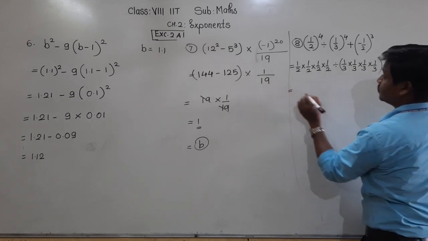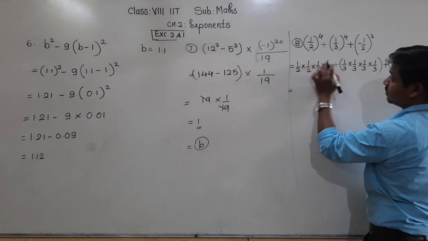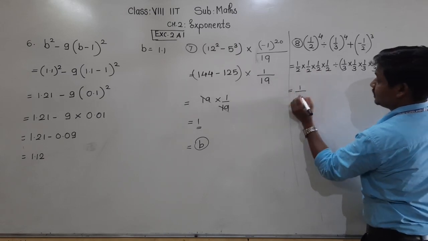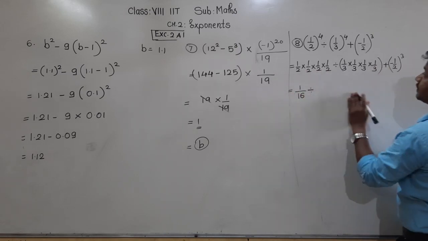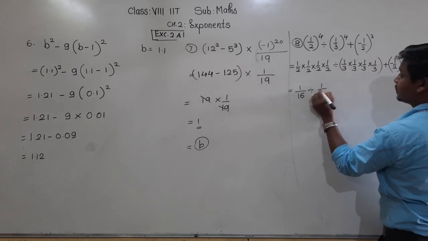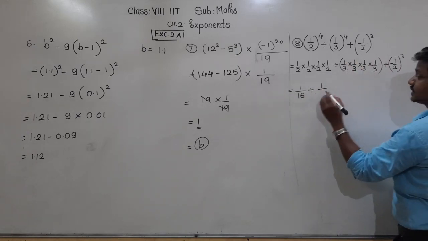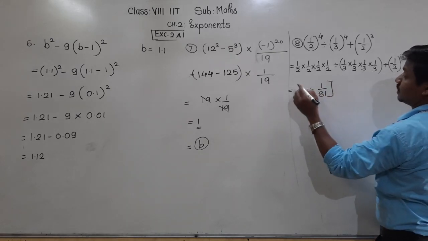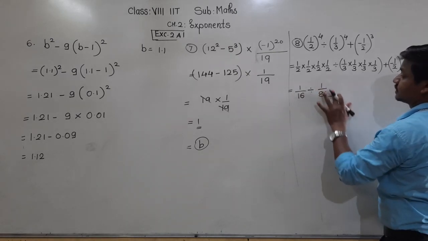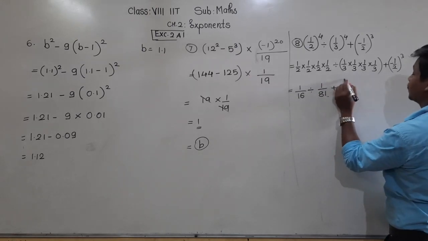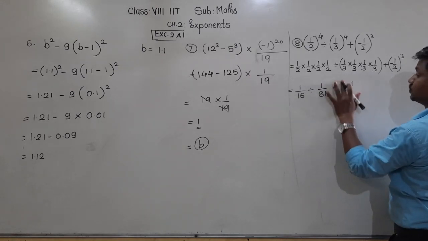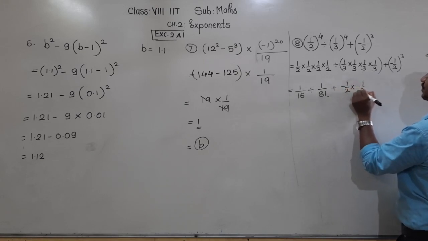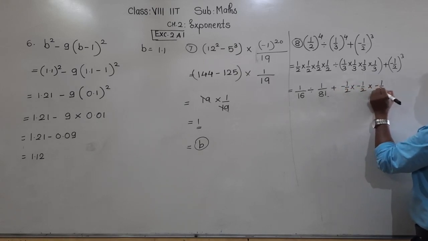Okay, so let's do this first. 1 ones are 1, and 2 twos are 4, twos are 8, twos are 16. Divide by 1 ones are 1, 3 threes are 9, threes are 27, threes are 81. Plus minus 1 by 2 into minus 1 by 2 into minus 1 by 2.